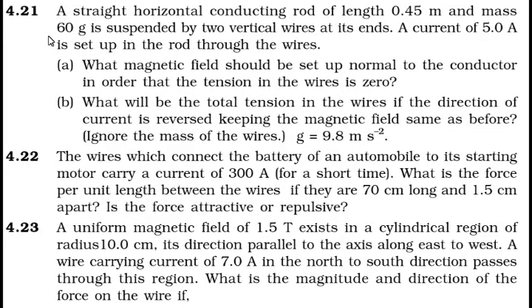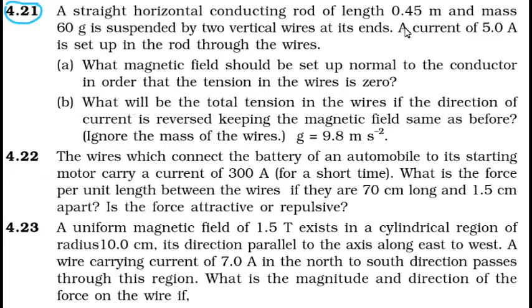Now let us see question number 4.21. A straight horizontal conducting rod of length 0.45 meter and mass 60 gram is suspended by two vertical wires at its ends.